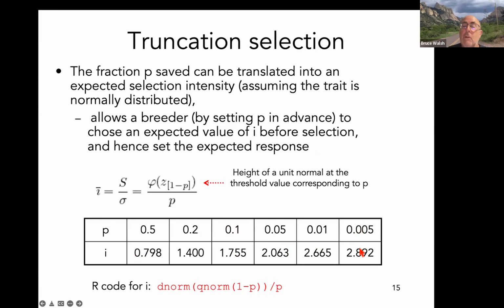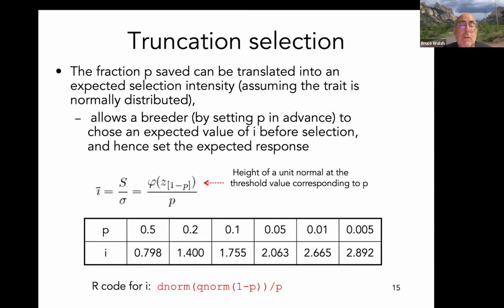So what you see is diminishing returns as my fraction saved gets smaller and smaller, my intensity goes up, but it goes up in a very slow fashion. This is typically the range people select in, from about 20% to about 5%. So intensities are about 1.4 to 2. So people use intensity for these two reasons.